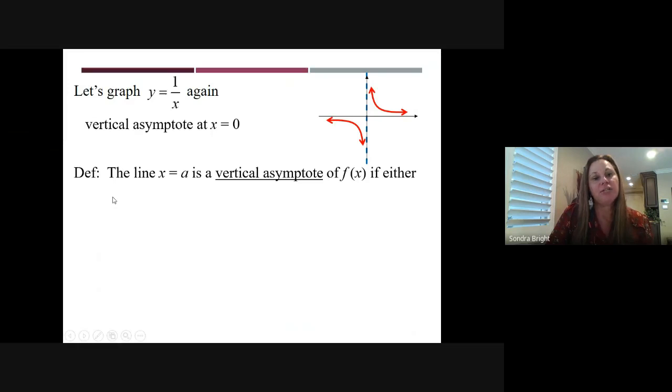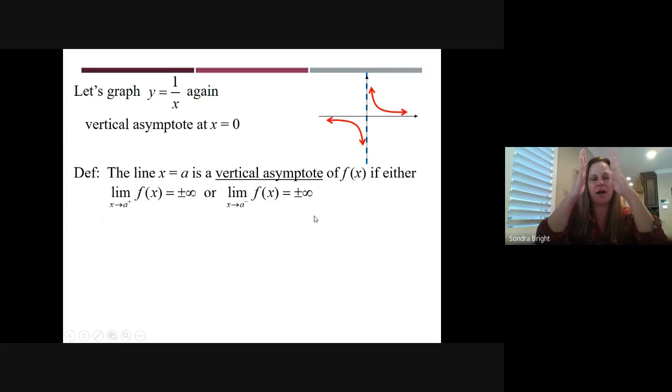And so the definition of a vertical asymptote is: the line x equals a, meaning just some constant, is a vertical asymptote of f of x if either the limit as you're approaching a from the right is positive or negative infinity, or the limit as x is approaching a from the left is positive or negative infinity.